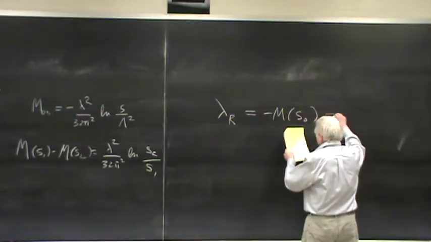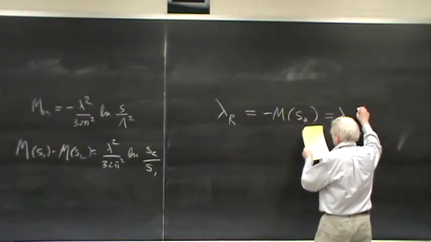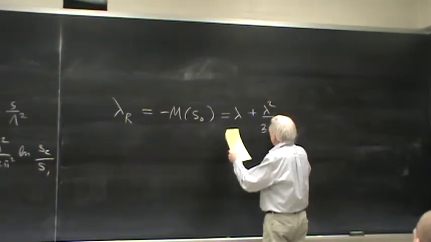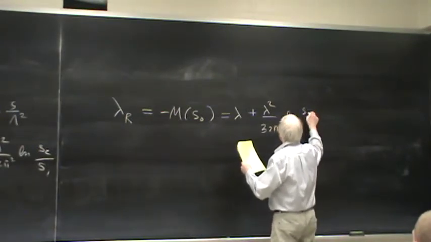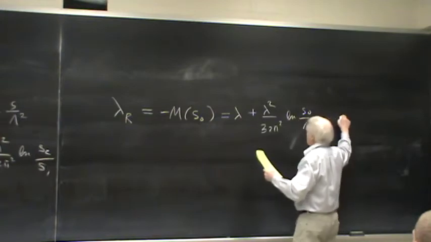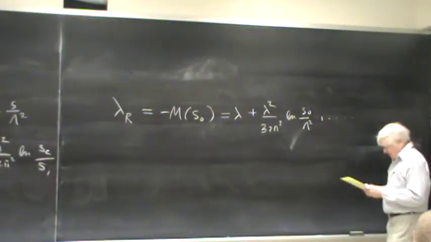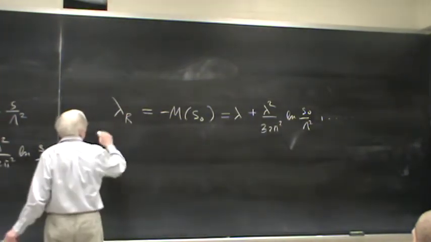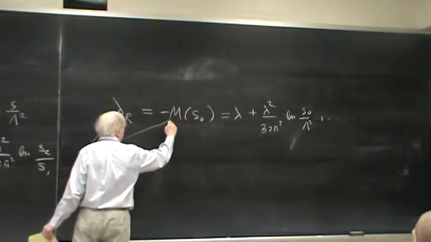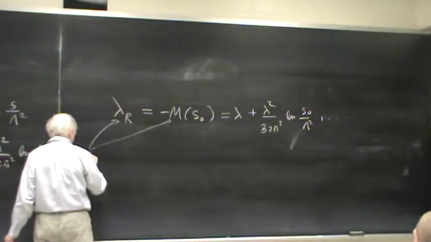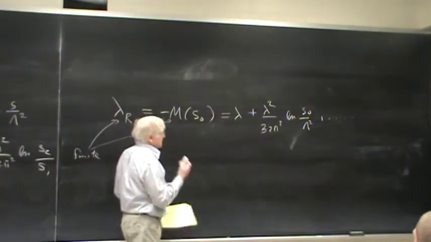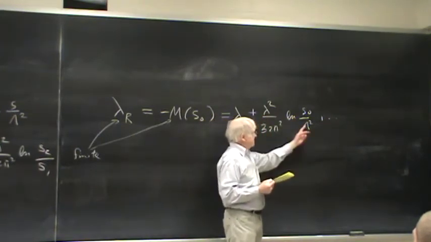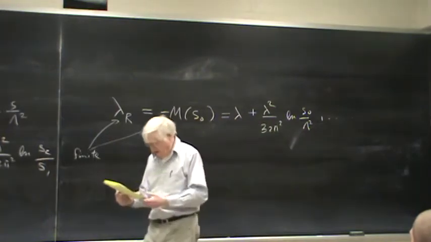If we compute this, then this will be lambda plus lambda squared over 32 pi squared log S0 over lambda squared. There will be all sorts of other terms. And so we're saying these two things are finite. And if we're expressing them this way, then presumably lambda has to be infinite in order to compensate for that infinity.